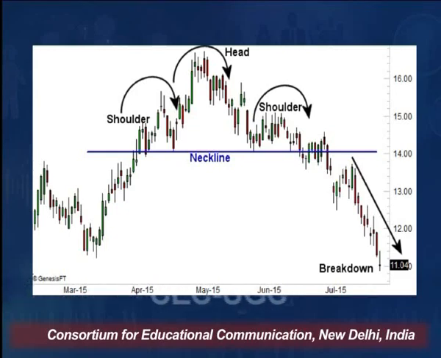On the basis of these two shoulders we have drawn a line which is called the neckline. So one is the head where the price has reached the top, and the two adjoining tops which are below the head are called the shoulders, and on the basis of the shoulders we have drawn a line that is called the neckline.